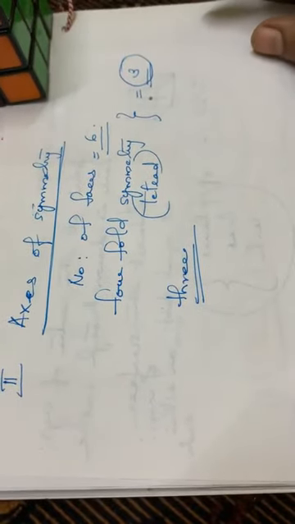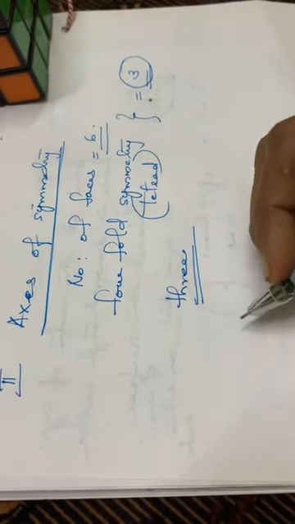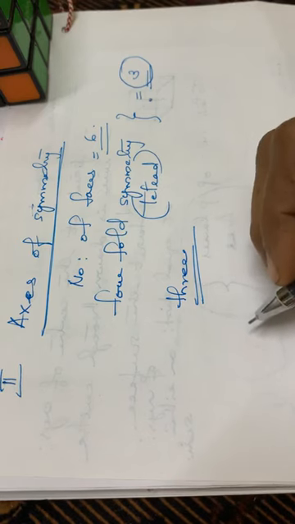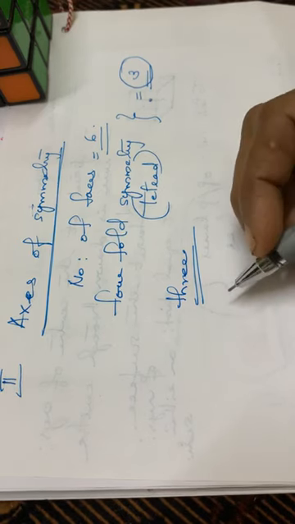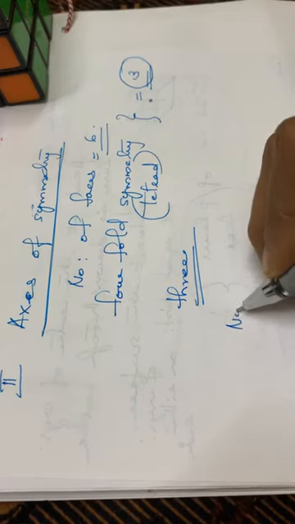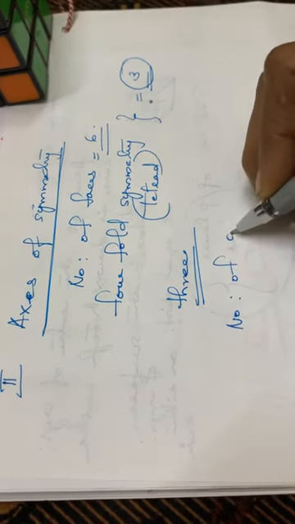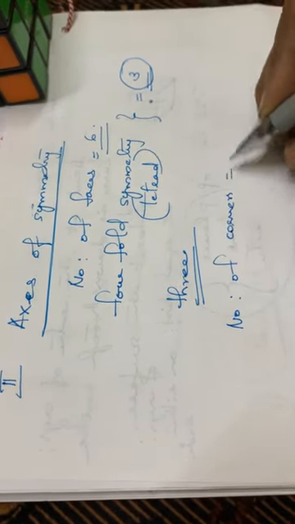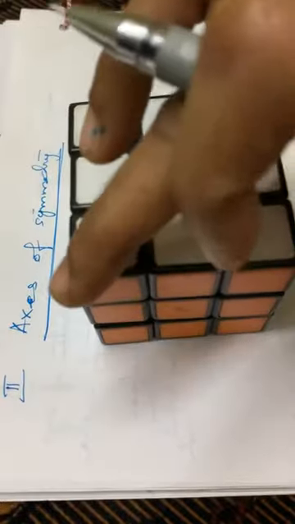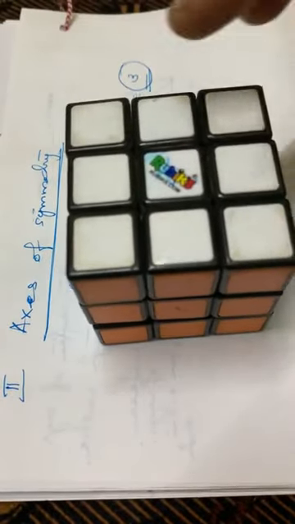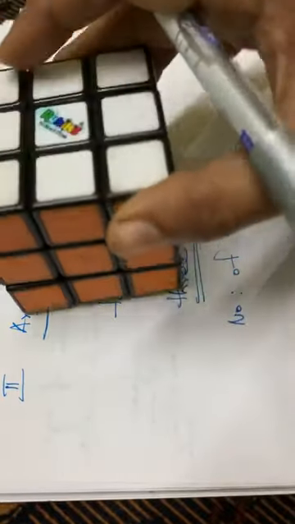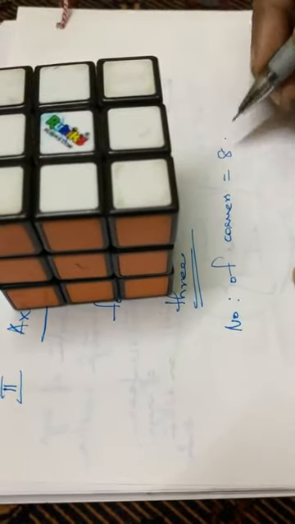Then comes the number of corners. See, for a cubic crystal system, how many corners are there? See how many corners are there. See, 1, 2, 3, 4, then 5, 6, 7, 8, isn't it? So 8 corners are there, isn't it?